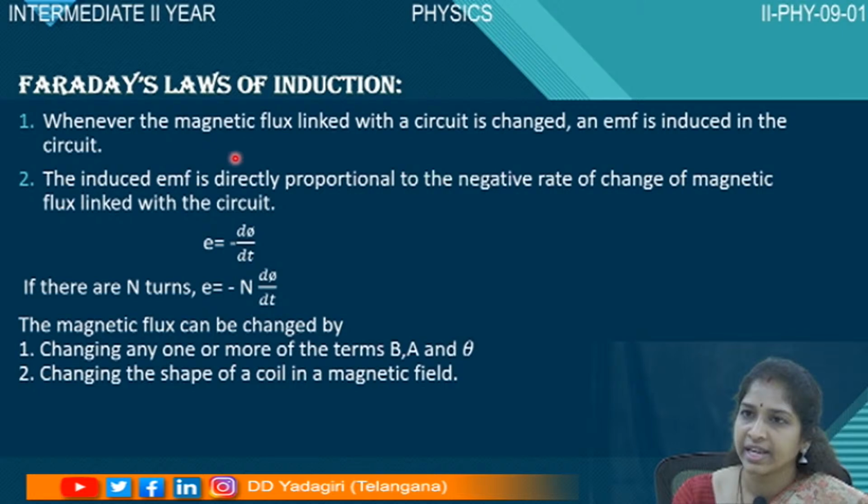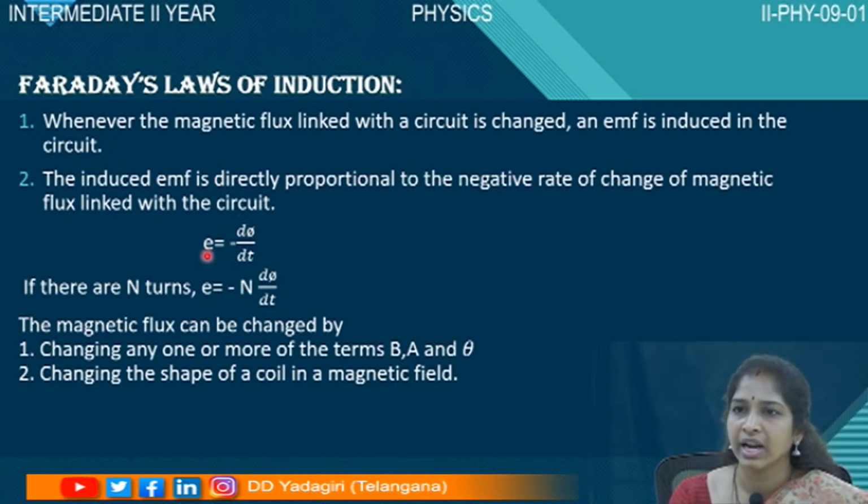And when there is a change in the flux linked with a circuit, EMF is produced. So the EMF is denoted by E. The induced EMF is directly proportional to the negative rate of change in the magnetic flux linked with the circuit. That is Faraday's second law.